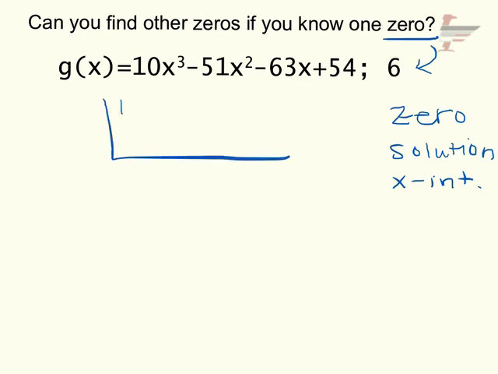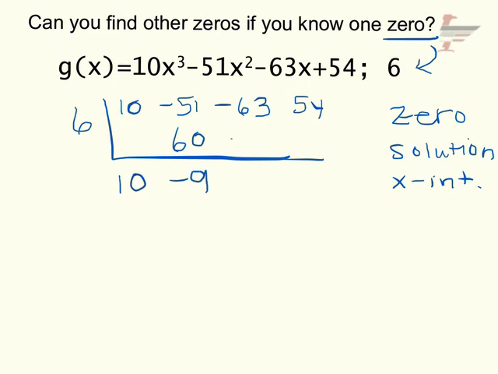So I'm going to take my coefficients, 10x cubed, minus 51x squared, minus 63x, and plus 54, so I have all of them. I don't need a 0. And I'm dividing by my 0 of 6. Then this process should be familiar. Sorry, that's positive 9.